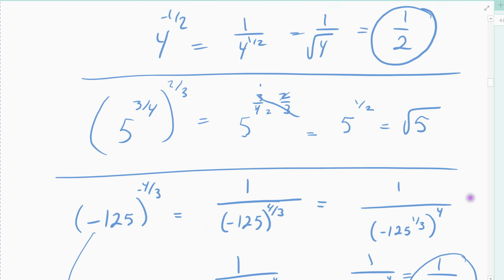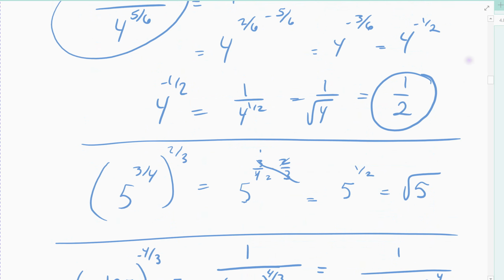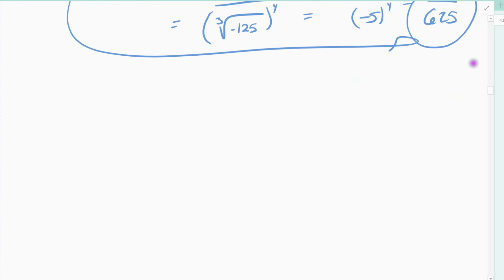Right, now, like I said, all of these you could have solved with your calculator. You didn't have to necessarily solve them by hand. The case where you have to use this method would be if you have a variable inside.